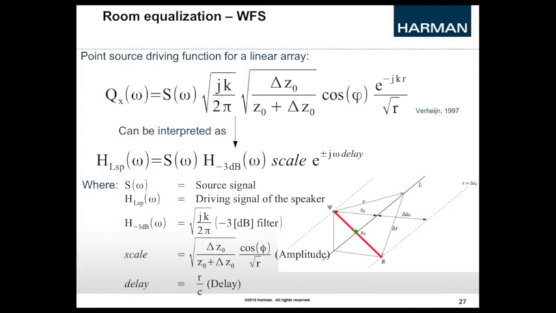So if you look at the formula to generate the driving signals of the speakers along this line, it is quite complicated. If you split it up, it makes the whole story a little bit simpler.